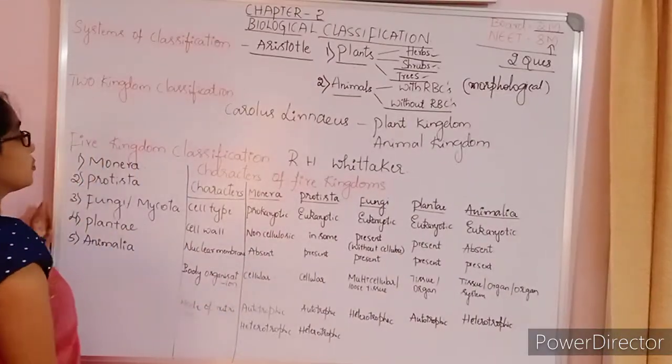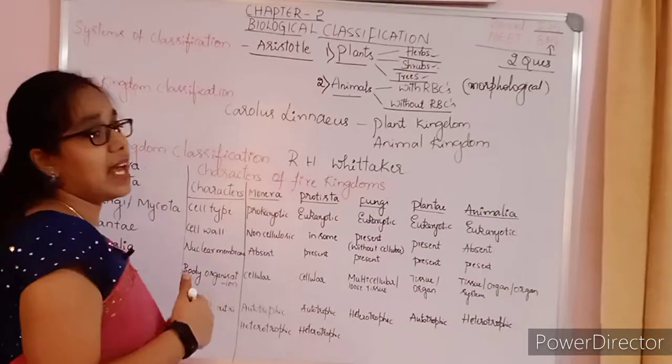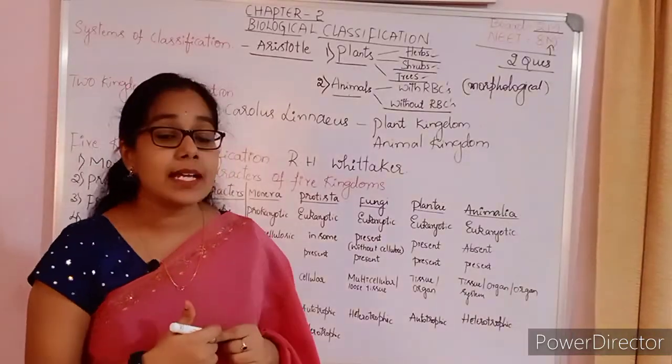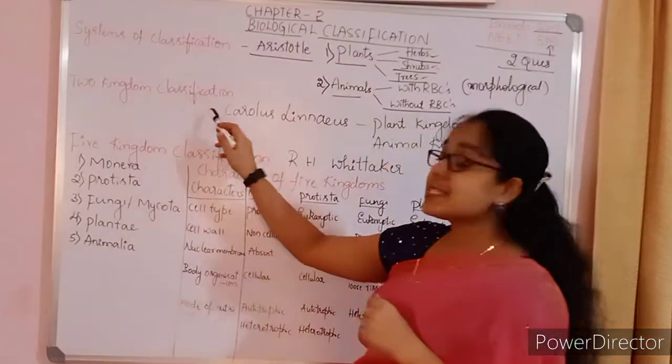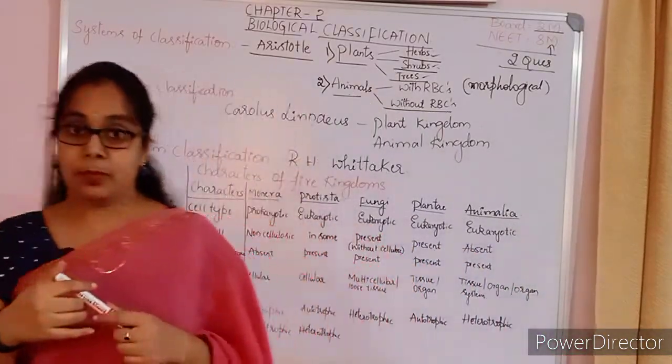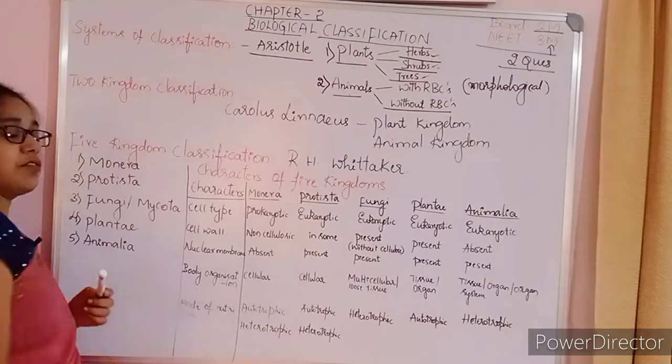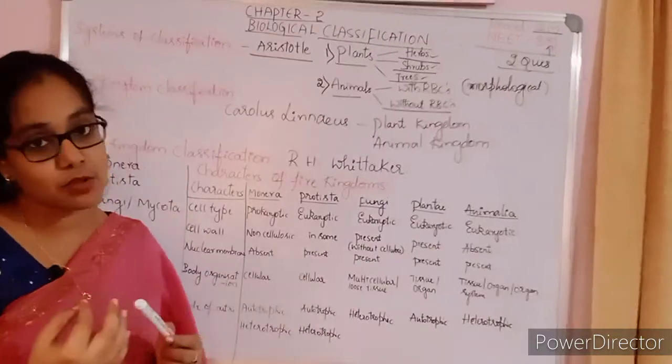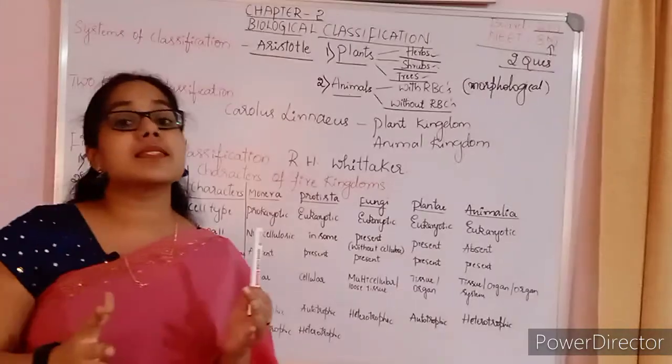Next, coming to the second type of classification, it is called the 2 kingdom classification. So what is the 2 kingdom classification? Actually, the classification which was done by Aristotle was not accepted.